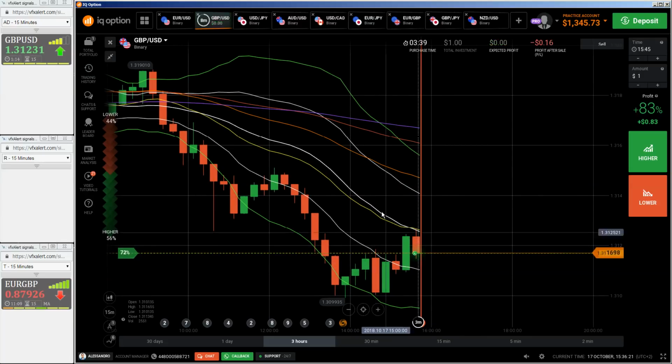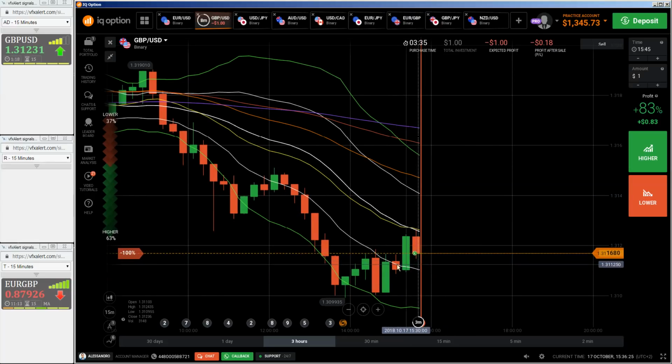Don't trade for the 15 minutes, because then there will happen maybe another candle, and that next candle could get out of the money, and that is not the concept of how the signal provider is working.